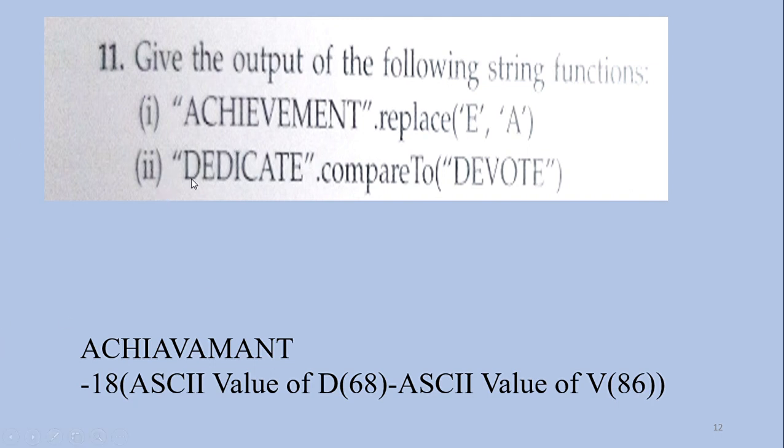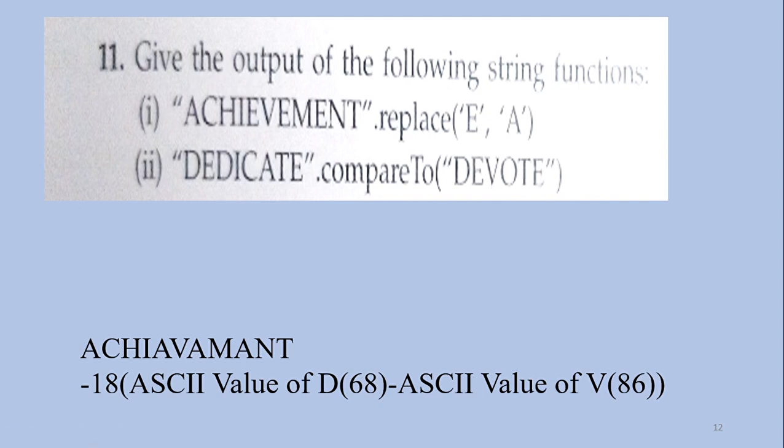Now here, first it takes D, it compares with D. Both the ASCII values are same, 0. It doesn't stop with that. It goes and compares with the next letter. Next letter is, here is E, here also E. So both are same, again 0. It doesn't stop. It again compares with the third letter D. But here if you see, the third letter is capital V. So there is a difference.